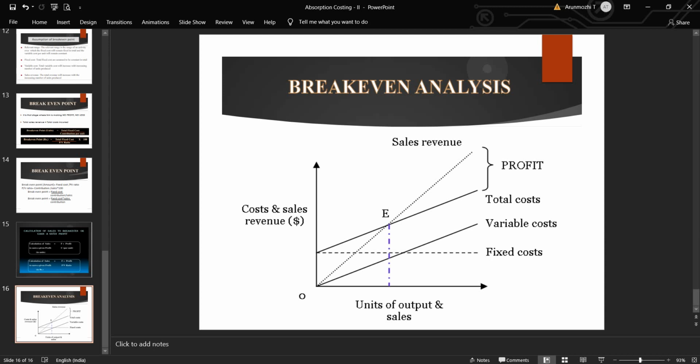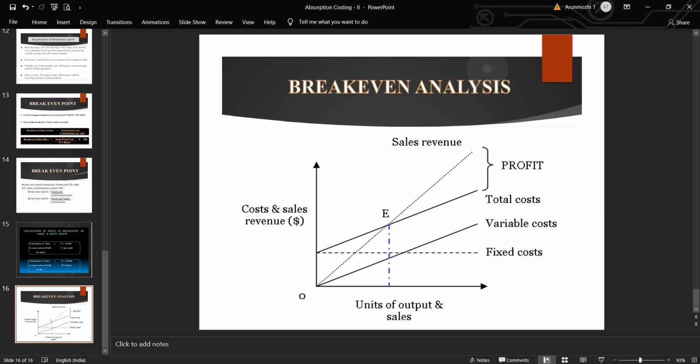The two lines, the total cost line and the sales line, shall intersect each other at one point, and a perpendicular can be drawn from this point to find out the level of output where the business shall be at a no profit, no loss position. Since the total costs are equal to the total sales revenue here, if the business produces less than this level of output, it shall be running at a loss.